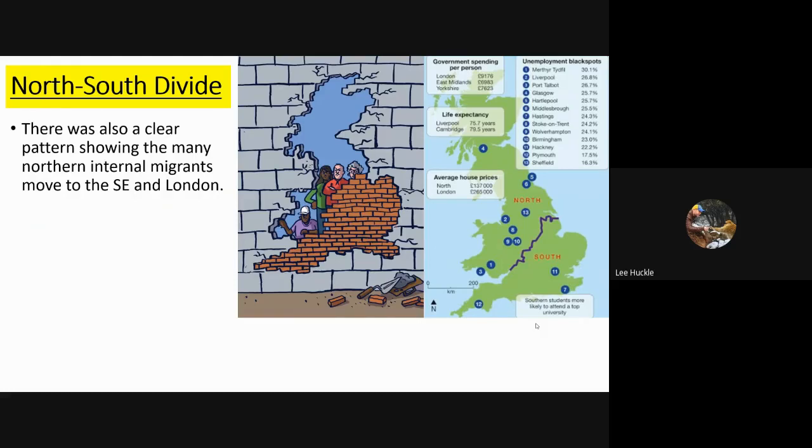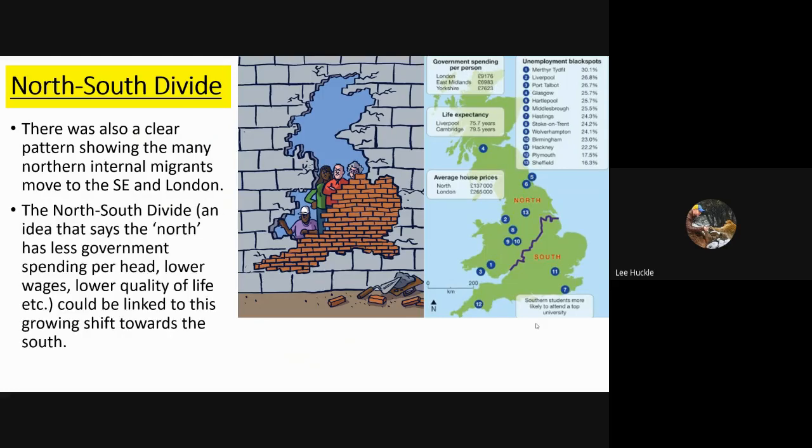And that's when you'd have started to break down this north-south divide in a lot more detail. So the north-south divide is an idea that says the north has less government spending per head, lower wages, lower quality of life, etc., could be linked to this growing shift towards the south.